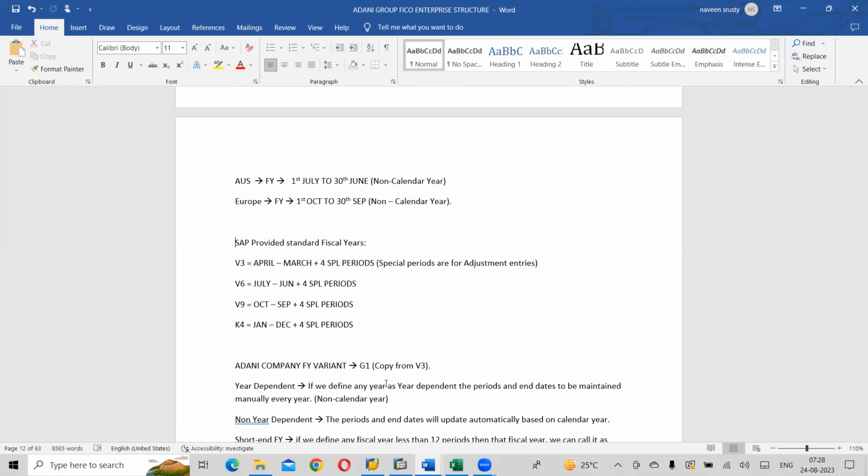In the same way, SAP has provided standard fiscal year variants. A few examples right now. 99% of organizations and 99% of consultants will follow SAP standard fiscal year variants only. We only change the names, that's it. All the attributes as they are, we will take SAP standards.